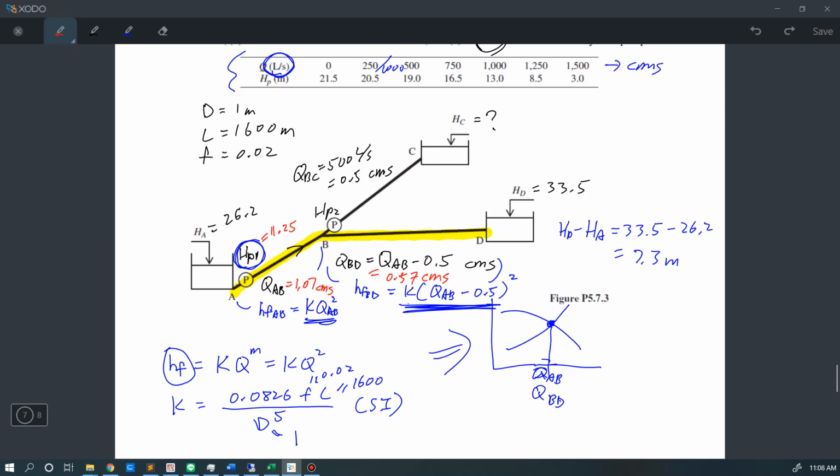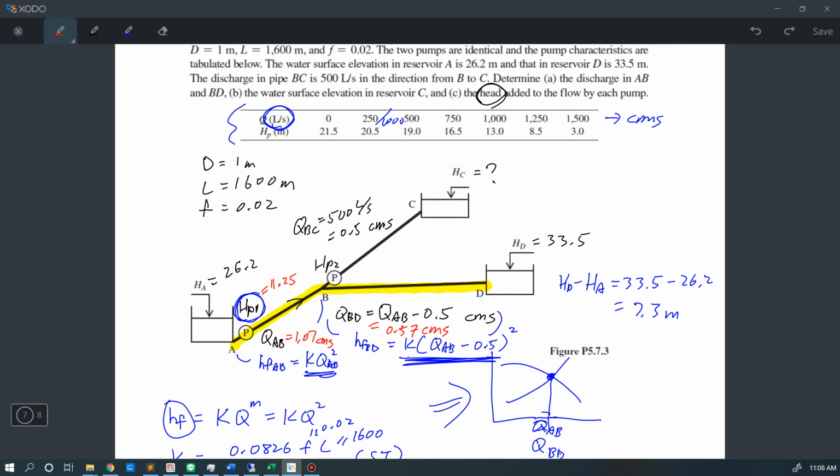And because we know the flow rate for BC, right? QBC is equal to 0.5. So we can simply find out the total water head provided by pump 2 by looking at this pump curve.